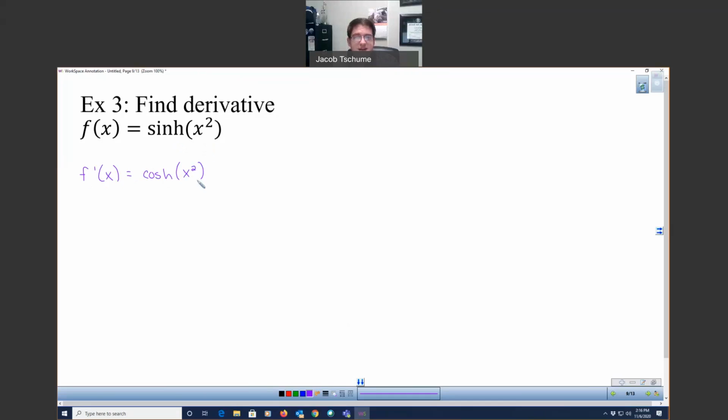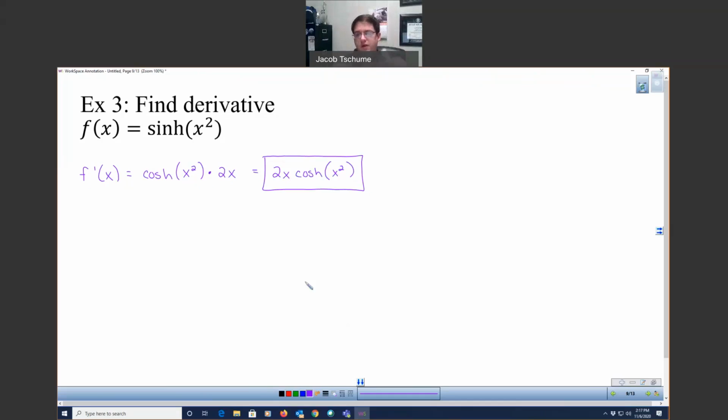You leave the inside of your hyperbolic function alone, which is x squared, and you multiply by the derivative of the inside, which would be 2x. I would probably clean this up a little bit to make it look prettier, and move the 2x to the front, and this would be 2x times the hyperbolic cosine of x squared.